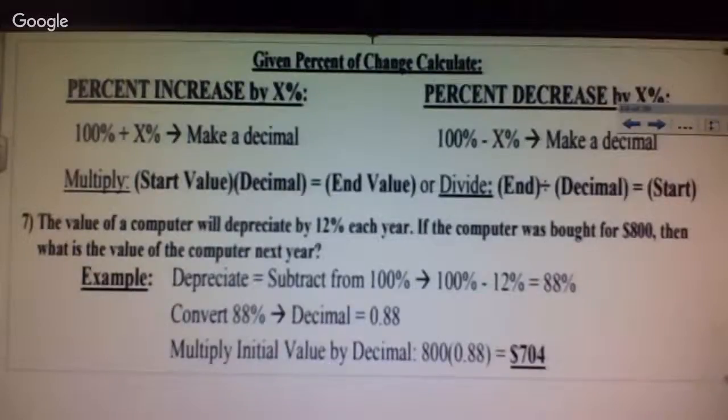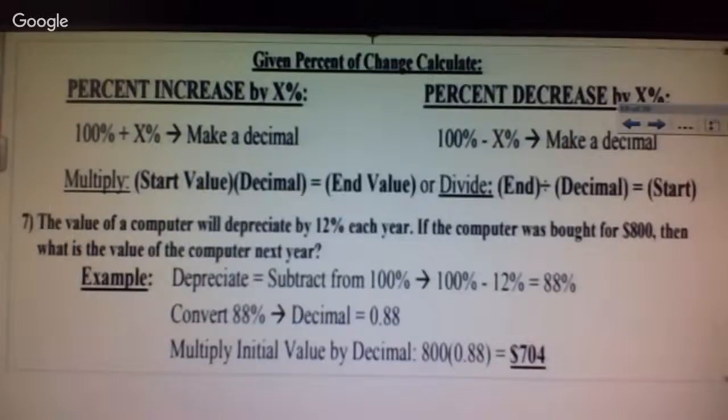So the value of my computer is depreciating. So it's going down. It started at 100% when you bought it, and it's dropped by 12%. So it's only worth 88% of its original value. So we had to figure out that 88% first. Then we had to convert it to a decimal.